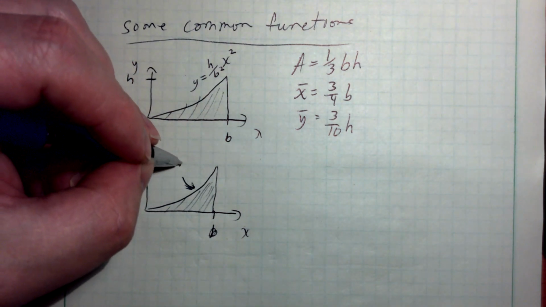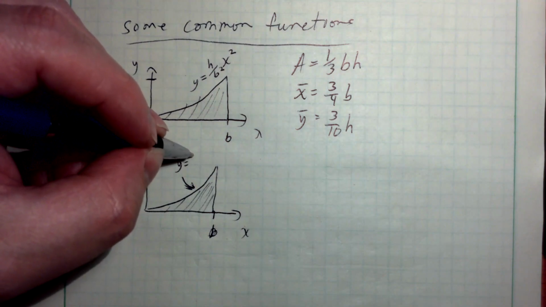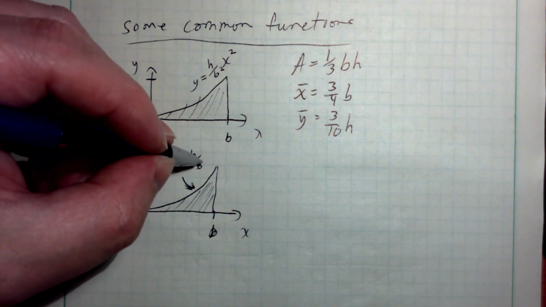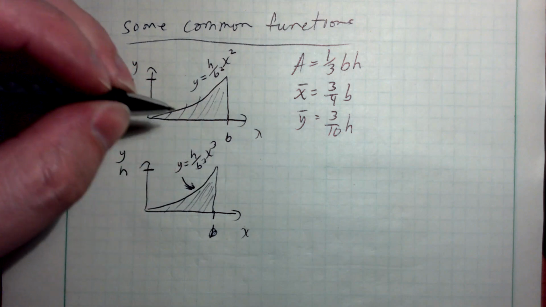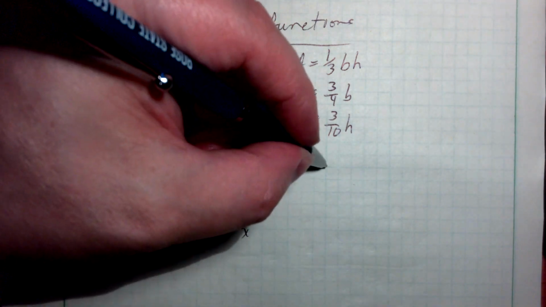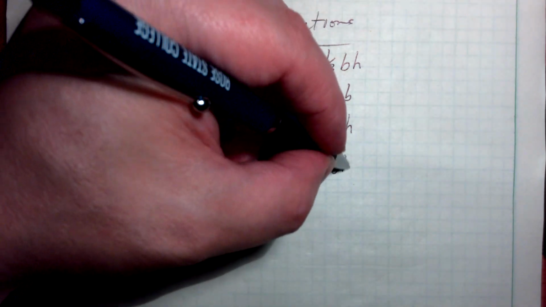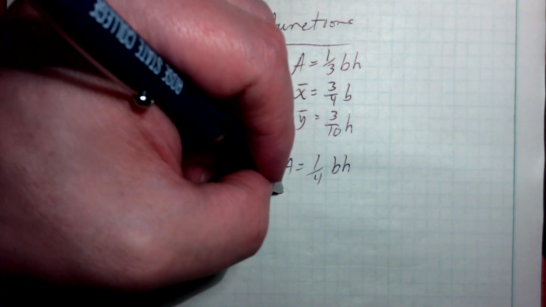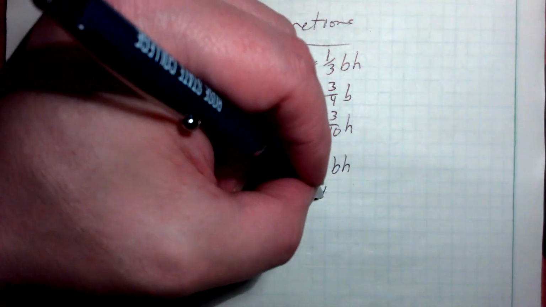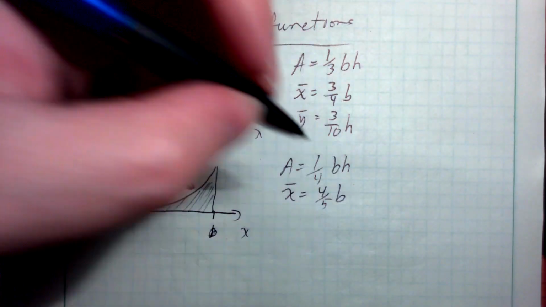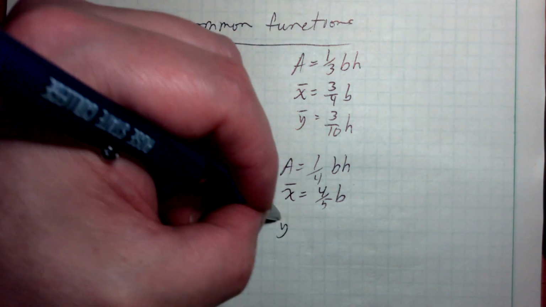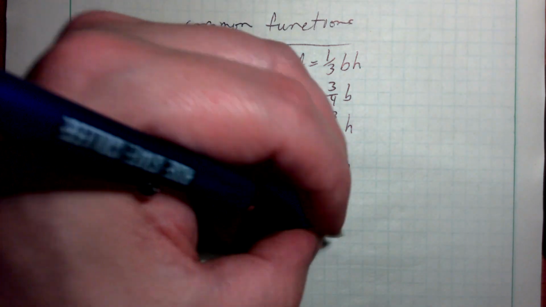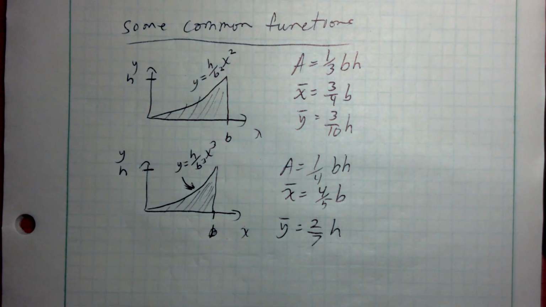But if this is what we've got, the structure would be y equals h over b cubed times x cubed, then the area ends up being 1/4 of the product bh. The x bar location is 4/5 of whatever the base b is, and y bar is going to be 2/7 of whatever h is. And so a pattern emerges if you continue doing the calculus out, and people have already done these, so we don't have to.